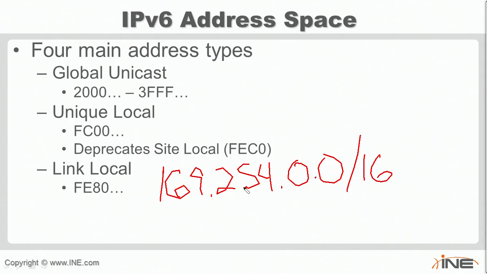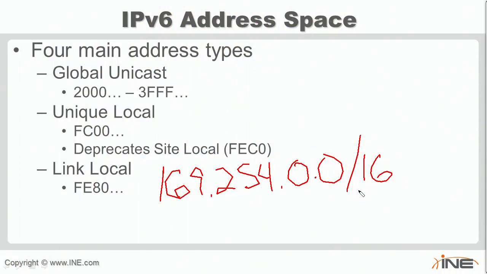The idea behind this is that if you just choose a random number in here, it's probably likely that no one has already automatically assigned that value on the LAN. And you could technically run IP without having a DHCP server then. You wouldn't be able to route your traffic to the internet, but at least the devices locally would be able to talk to each other, because they're choosing this address that's only locally significant to the link, or to the VLAN.